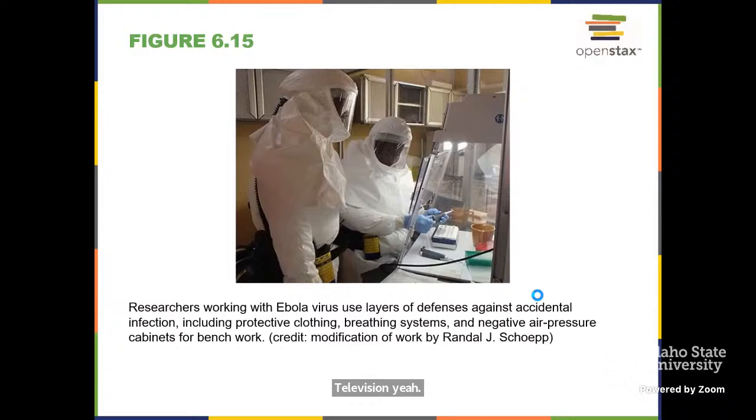You can see this would be a biosafety level 4 lab. The lab has negative pressure, so all of the air in the lab basically stays in. If a door opens, air doesn't go out, it's pulling air in and sucking it out. The same with the hood, where they're actually working with stuff. There's negative pressure to keep things contained, if you will.